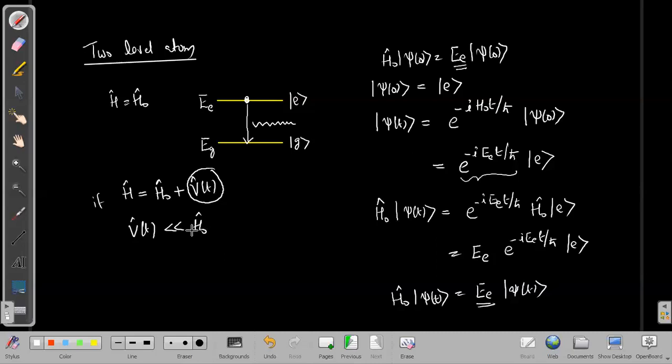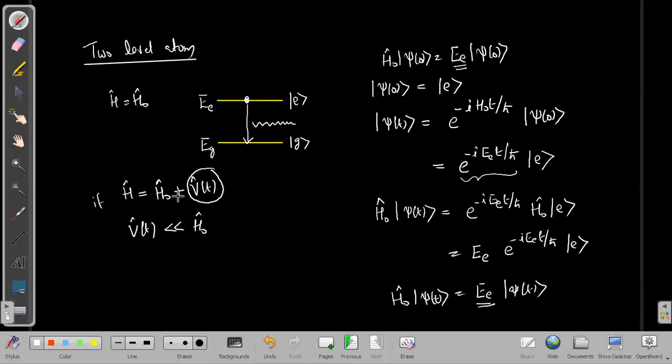Hence, the presence of V of t will not create new possible states. So we are just restricting the production of new degrees of freedom by the presence of the perturbation part. However, the presence of perturbation may influence the system to undergo a transition.